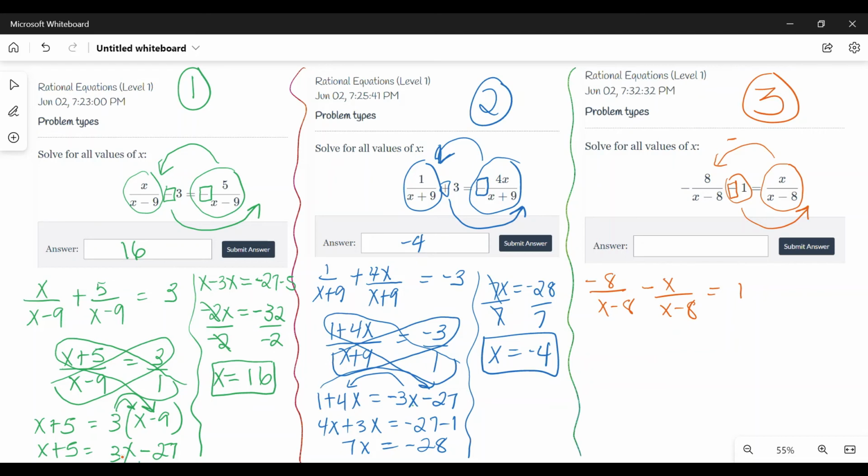Alright, my denominators are the same, so we can add the numerators. Alright, 1 is the same thing as 1 over 1, so now we could cross multiply. So negative 8 minus x.